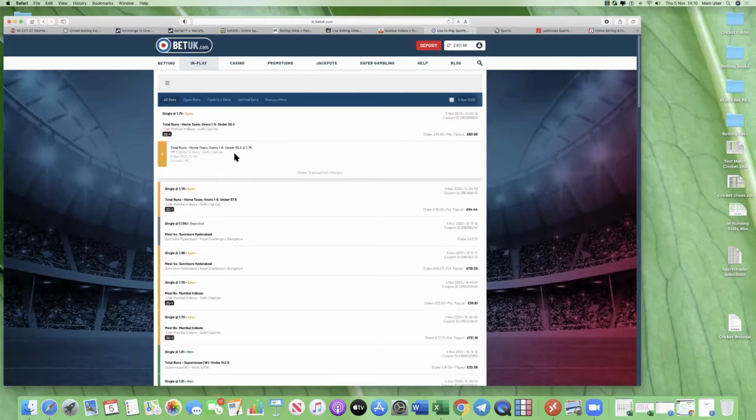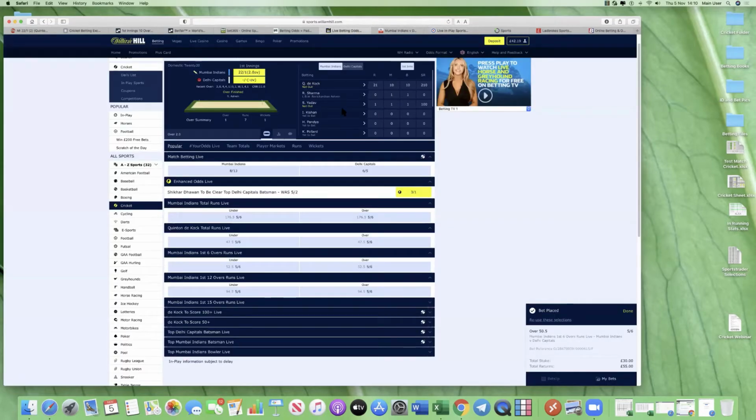So if we work that out now, I've had over 50.5 and under 55.5. At the moment, if it lands between 51 and 55, or 55 and 57, effectively I'm risking £8, but I could win both bets if it landed on 55.